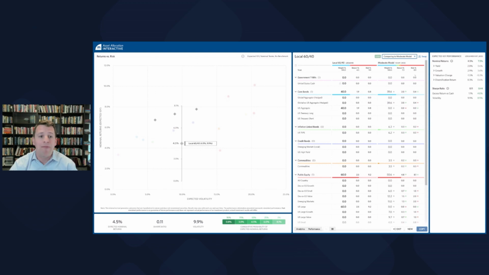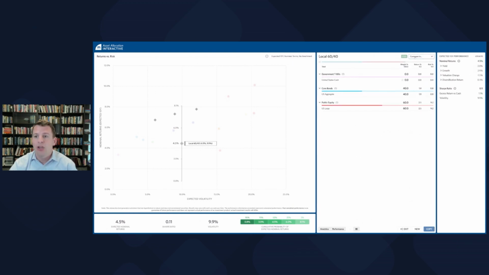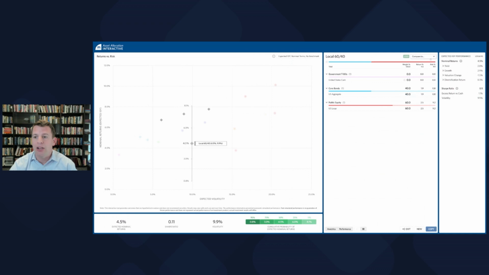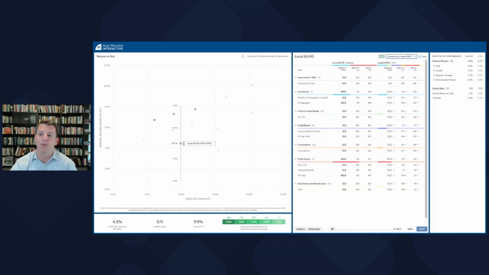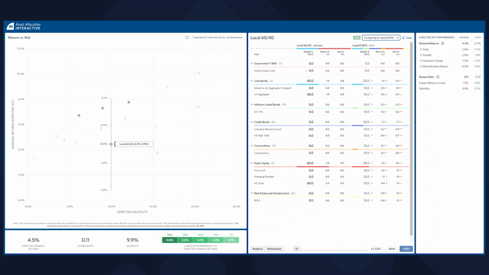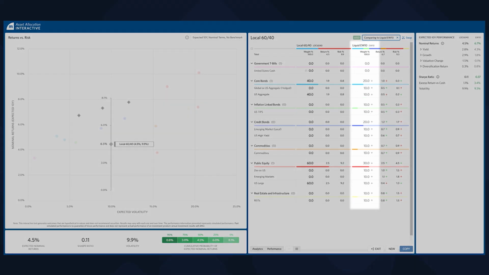That said, you don't have to look solely at the models that we're recommending. You can go a step further and compare to an even more broadly diversified portfolio, what we're abbreviating as liquid EW10. This stands for an equally weighted basket of 10 liquid asset classes. Because it's equally weighted, they're literally 10% across the board to 10 different asset classes.